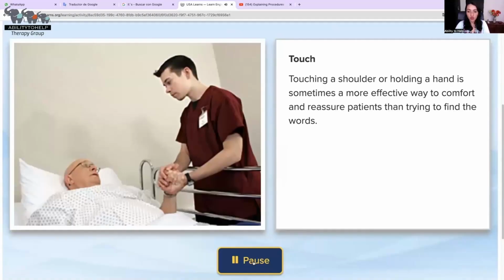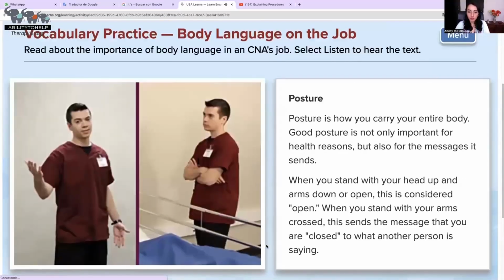Touch. Touching a shoulder or holding a hand is sometimes a more effective way to comfort and reassure patients than trying to find the words. Posture is how you carry your entire body. Good posture is not only important for health reasons, but also for the messages it sends. When you stand with your head up and your arms down or open, this is considered open.